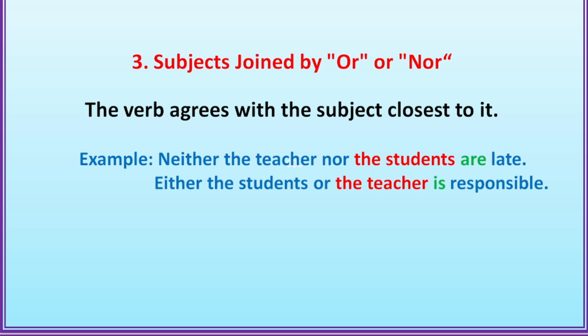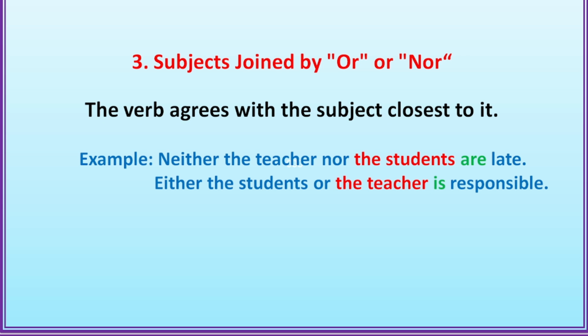Here two subjects are joined by nor. The students is the closest to nor, and according to the students we have to use the verb. The students is a plural subject, so we have to use plural verbs.